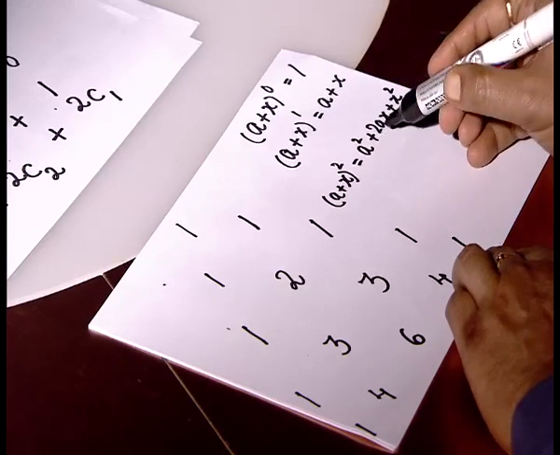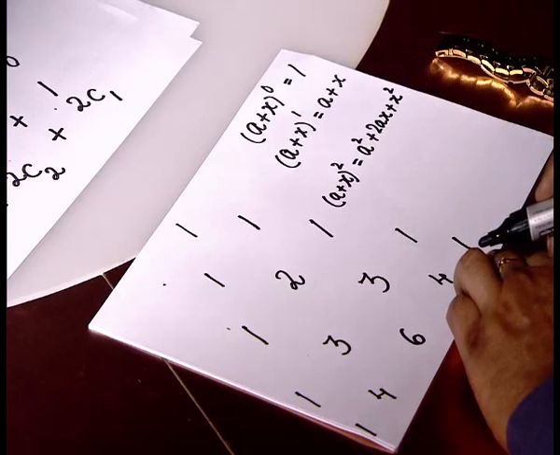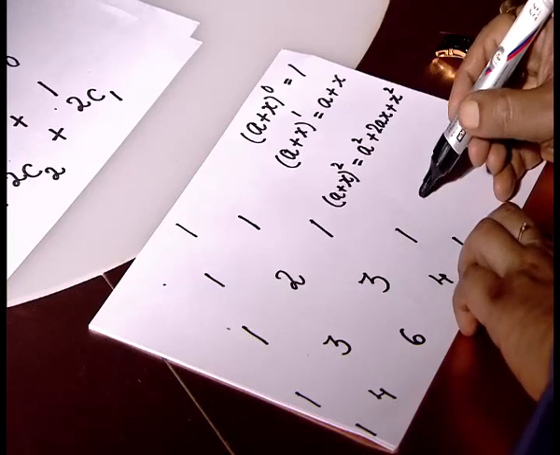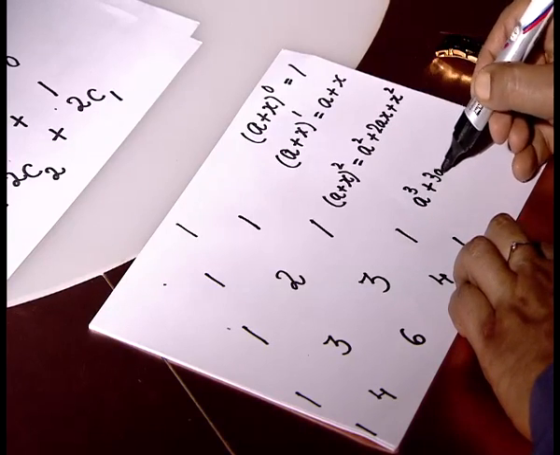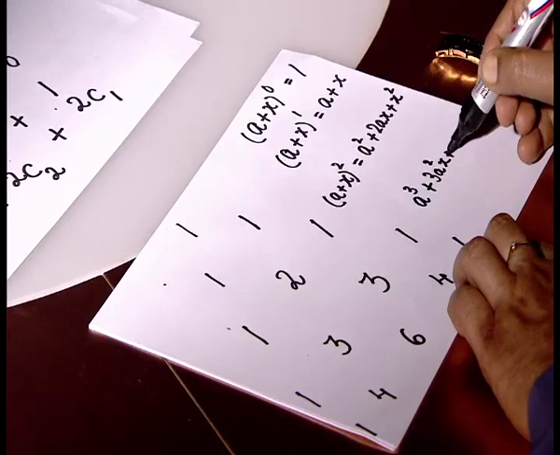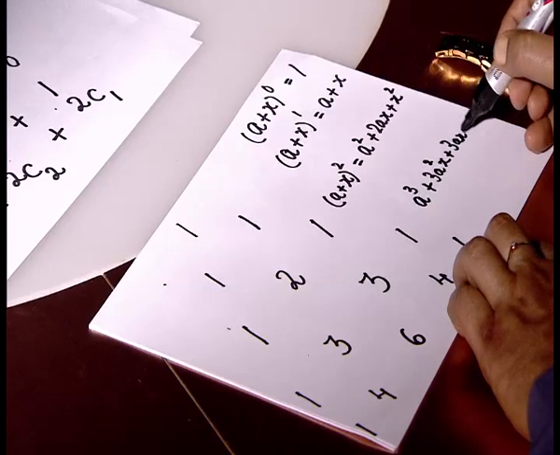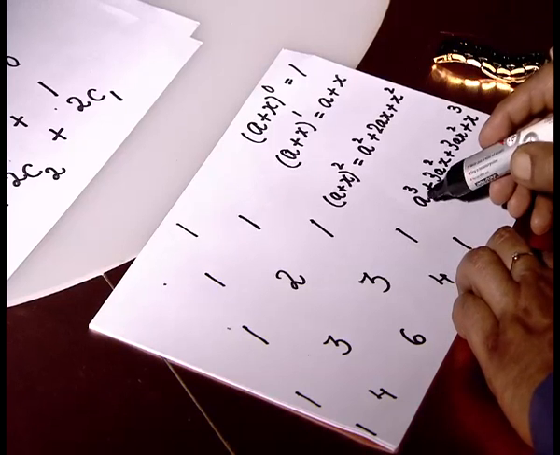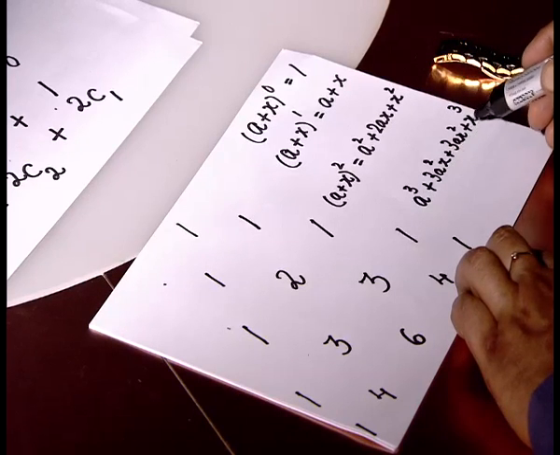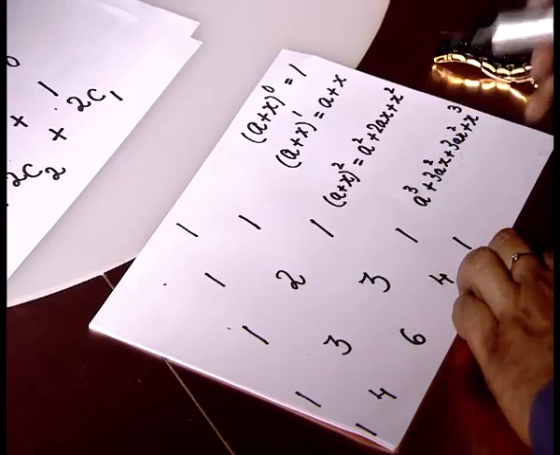So, 1, 2, 1. (a plus x) whole cube, what would that have been? That would have been a cube plus 3a square x plus 3a x square plus x cube. So, the coefficients are 1, 3, 3, 1. See 1, 3, 3, 1.